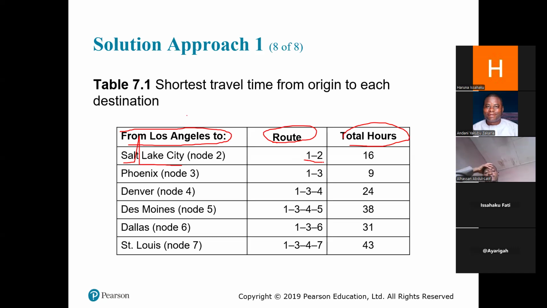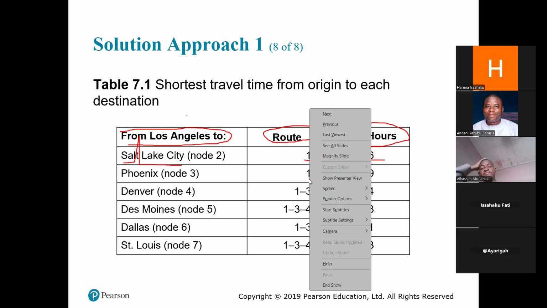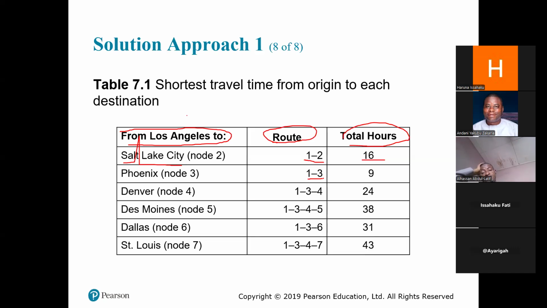Node 1 to 2, the branch 1, 2. And it will take 16 hours. And that's the minimum time that can be used. If we have to go to Phoenix, we have to move from node 1 to node 3, so on branch 1, 3. And it will take us 9 hours.